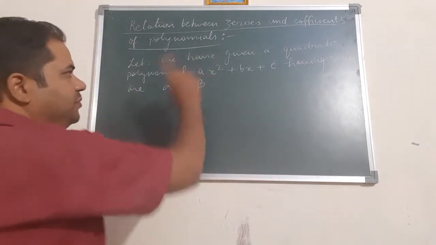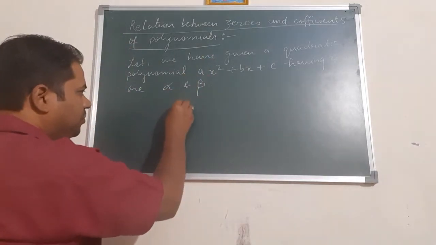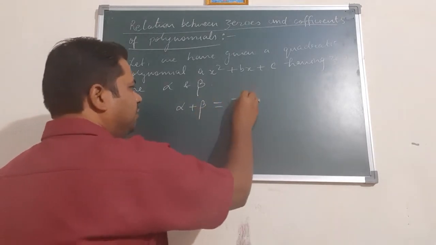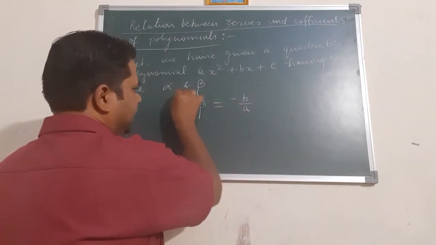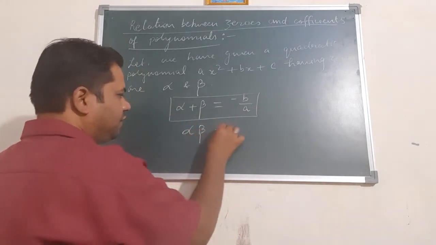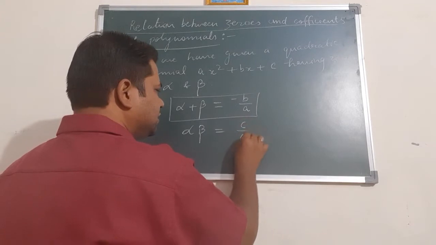So if alpha and beta are the zeros, then the sum of the zeros, alpha plus beta, is minus b by a, and the product of zeros, alpha beta, is c by a.